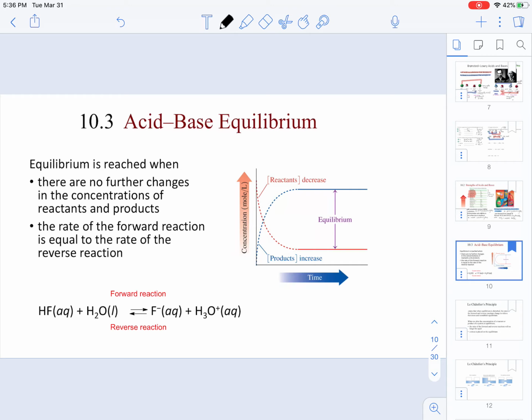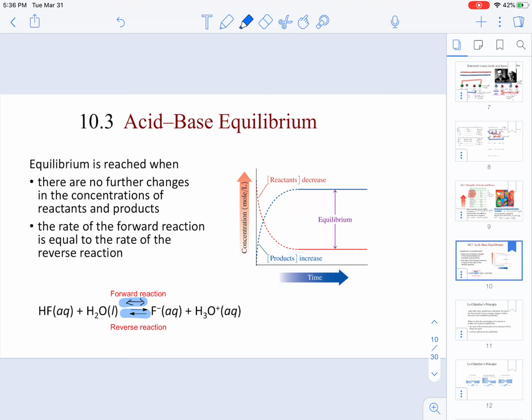We illustrate these forward and reverse reactions by either using double-headed arrows or by using arrows in both directions. So those are the 2 ways that we illustrate them.